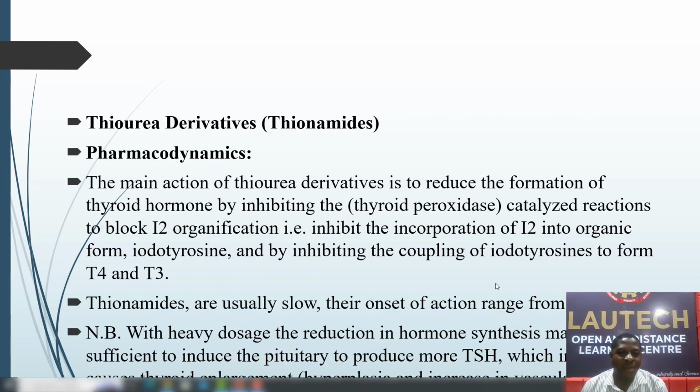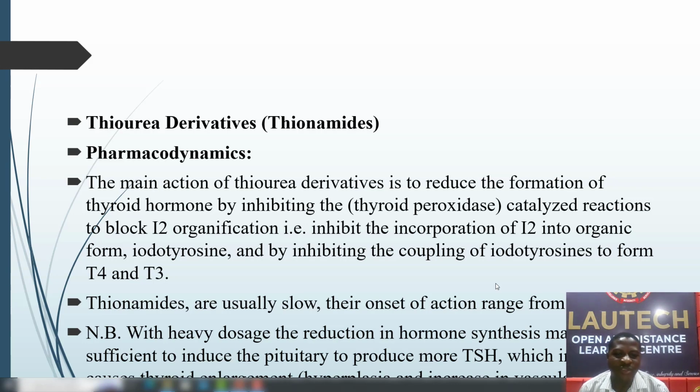So we want to look at other drugs for hyperthyroidism, the thyroid derivatives, that is thionamides. The main action of thyroid derivatives is to reduce the formation of thyroid hormone by inhibiting the thyroid peroxidase catalyzed reactions to block iodide organification, that is, inhibiting the incorporation of iodide into organic form, iodotyrosine, and by inhibiting the coupling of iodotyrosine to form T4 and T3.